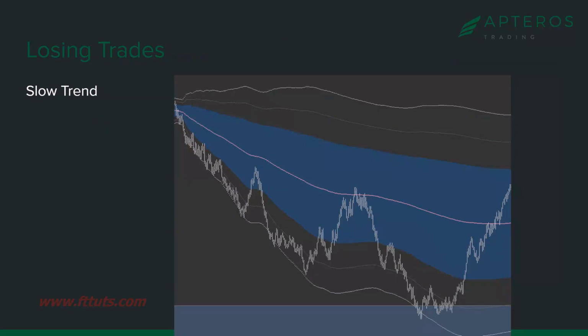Losing trades. Someone asked about losing trades on the Q&A, and I've got more for you there. A situation where we would love to see that perfect imbalance, where it just does this, right? Markets aren't that precise. It doesn't always happen that way.